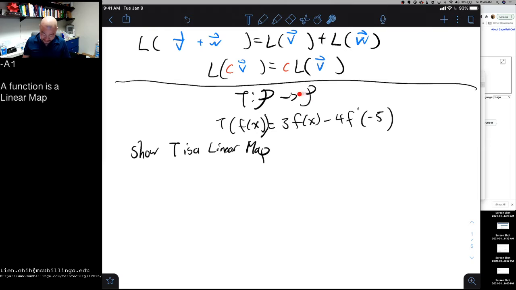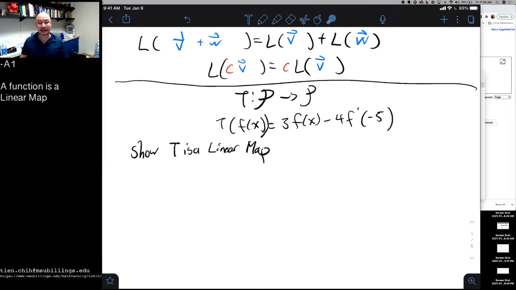I have a transformation from the space of polynomials to the space of polynomials. We take a polynomial and send it to 3 times itself minus 4 times its derivative evaluated at -5. I would briefly check, just mentally, that this will be a polynomial.